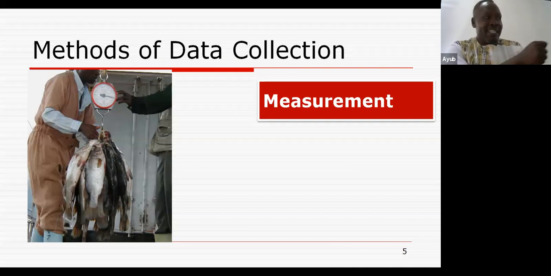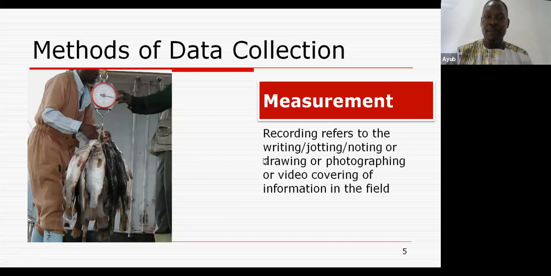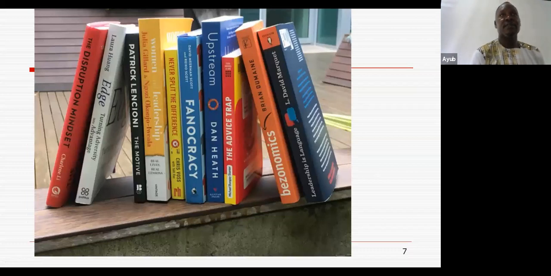You might want to establish the distance, the length of a boat. That is measurement. So it is a method of geographical study that involves establishing weights, areas, and sizes of objects or features in the field. That method of study, we call it measurement method.